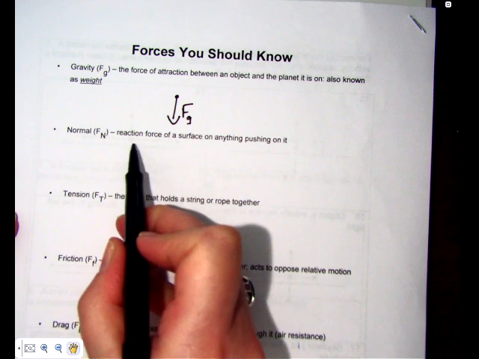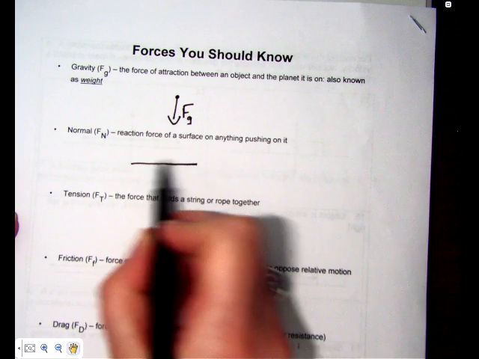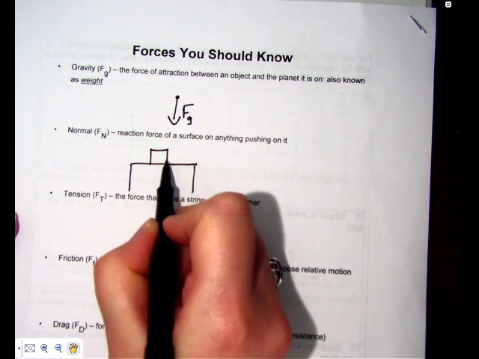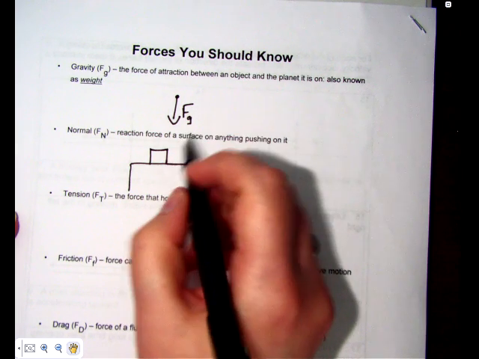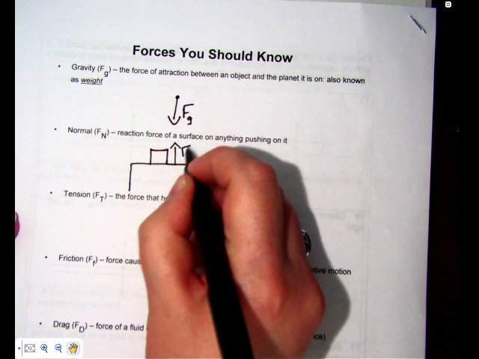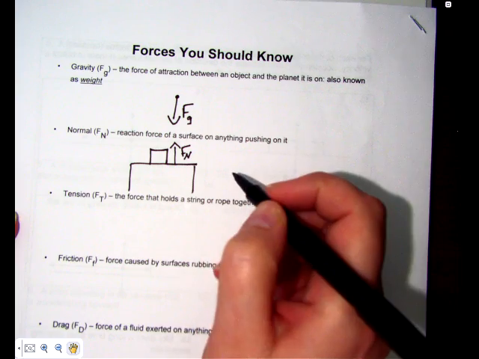Normal force is the reaction force of a surface on anything pushing on it. So anything that's sitting on a table or in a chair, the normal force is what's holding it up as opposed to gravity.